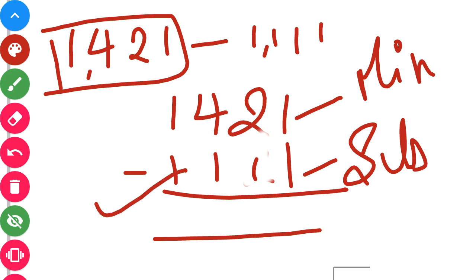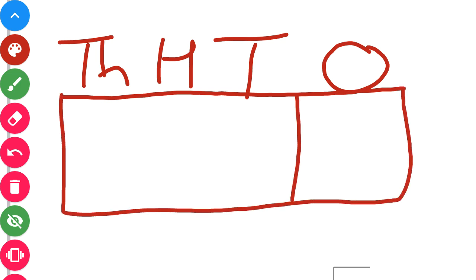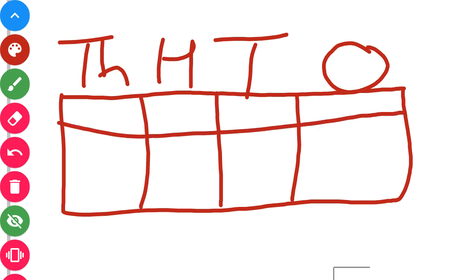So always remember to write greater number above and smaller number below it. And one more thing. It is also necessary to write number according to their place value. Once you write the number according to their place value, your answer will never go wrong.